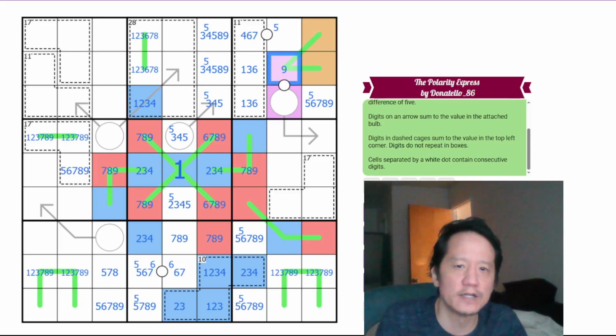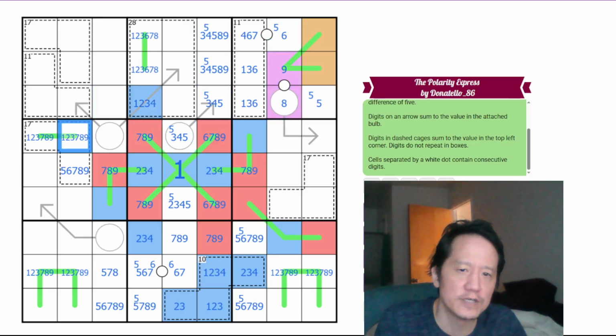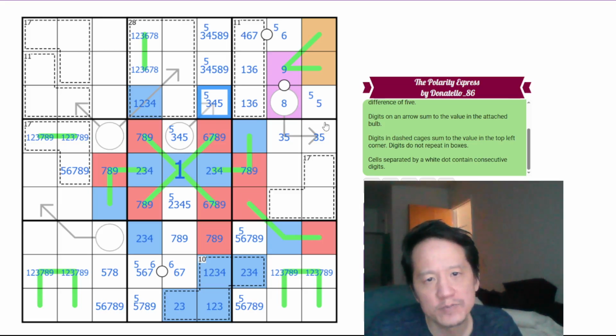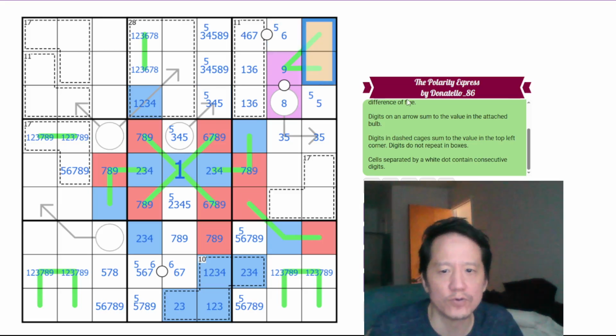This would be 9, so this would have to be 8. So 1, 3, 7 would force this to be 6. This would be 5. This would be 8. So this 5 would mean this can't be 5, this can't be 5. Therefore, this would be a 3, 5 pair here. Seems plausible. This is 2 and 4, if that's the case. 1, 3, 7.